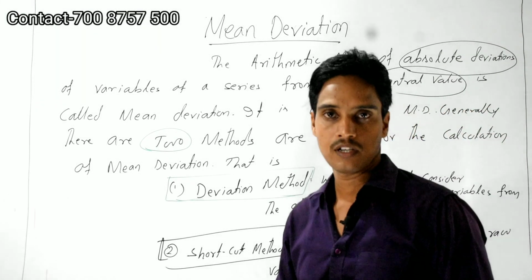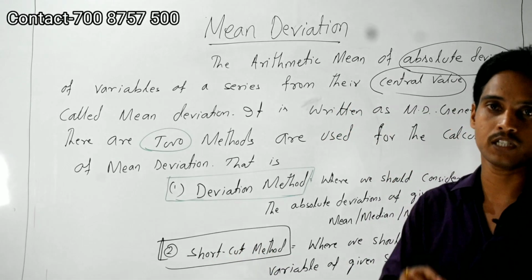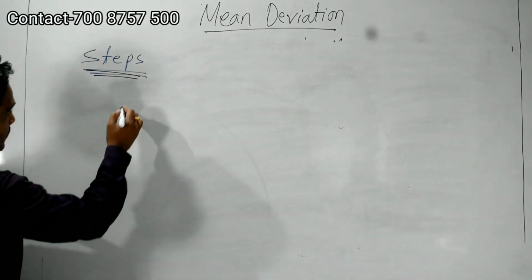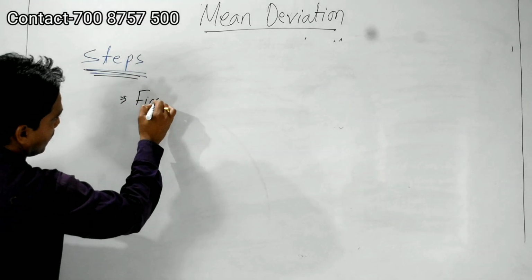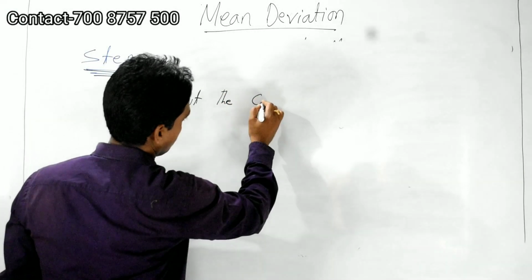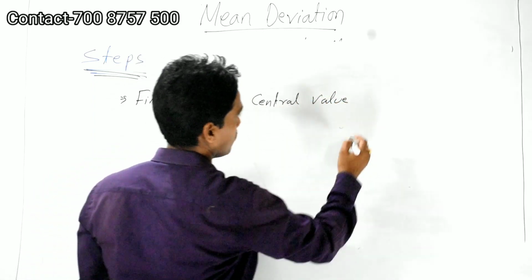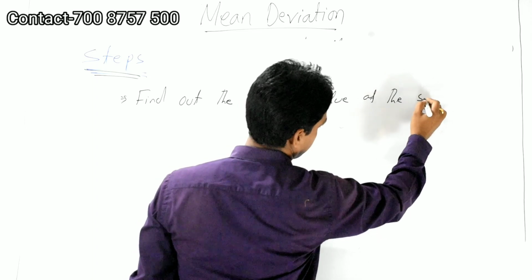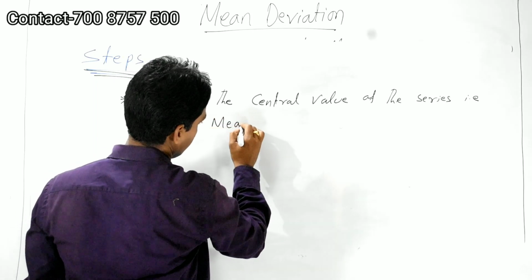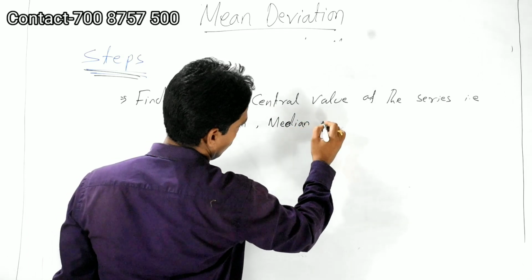There are certain rules used in the deviation method, and certain rules used in the shortcut method. The steps of mean deviation. Step 1, find out the central value of the series, that is mean, median or mode.